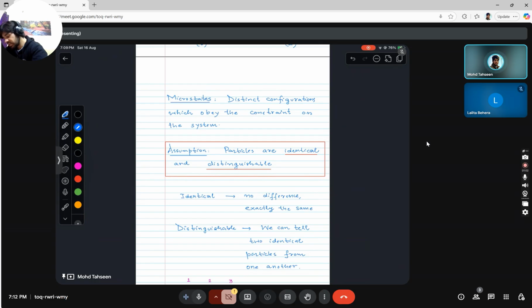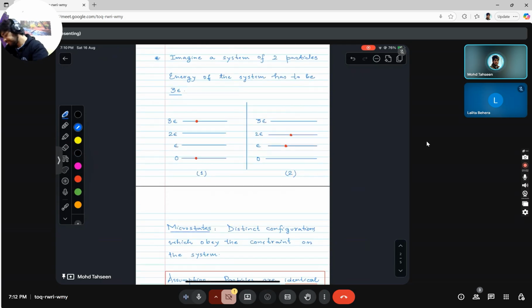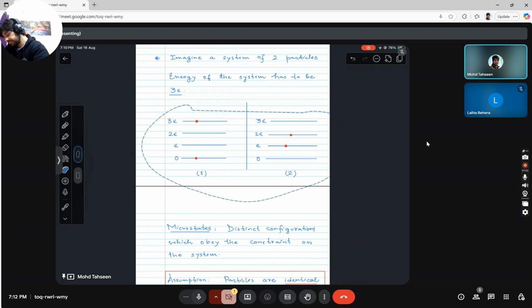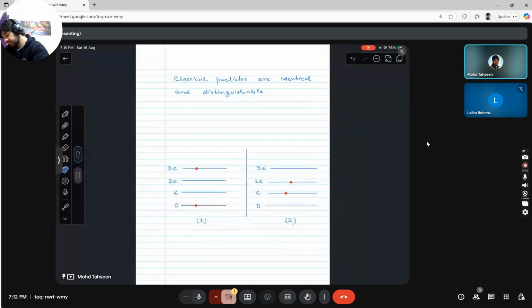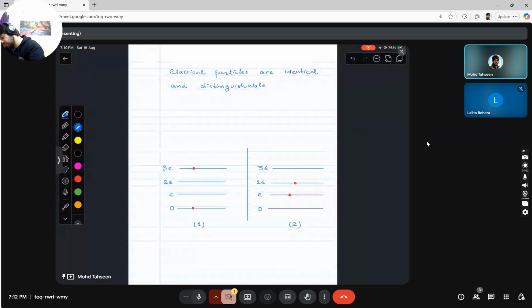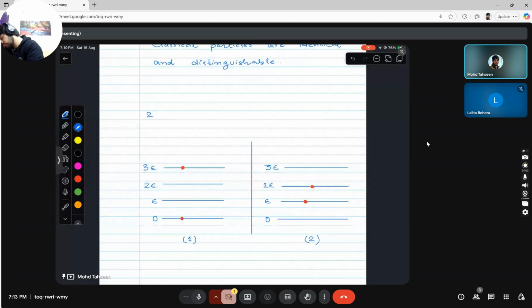Now once we take this assumption, what does this assumption mean in terms of the microstates? So let's take this system again. This is a two particle system.